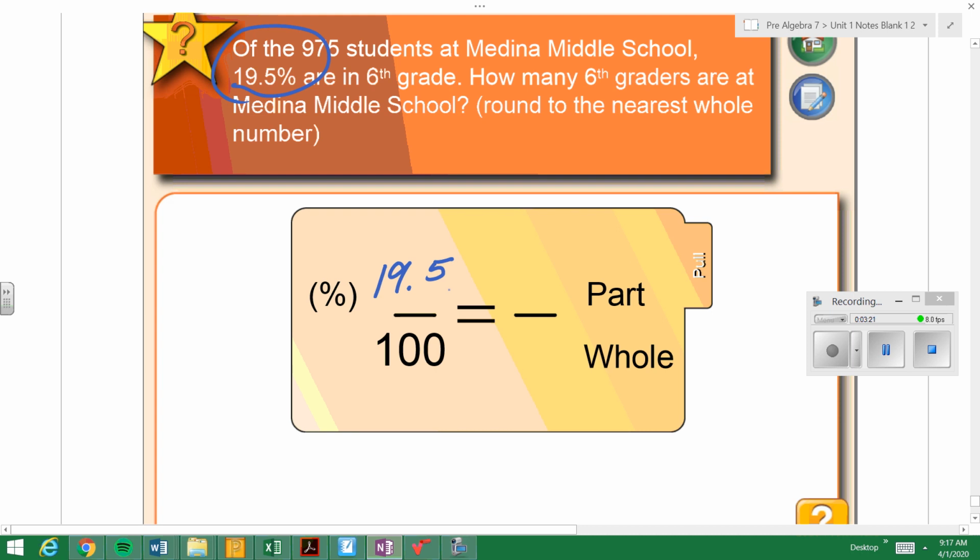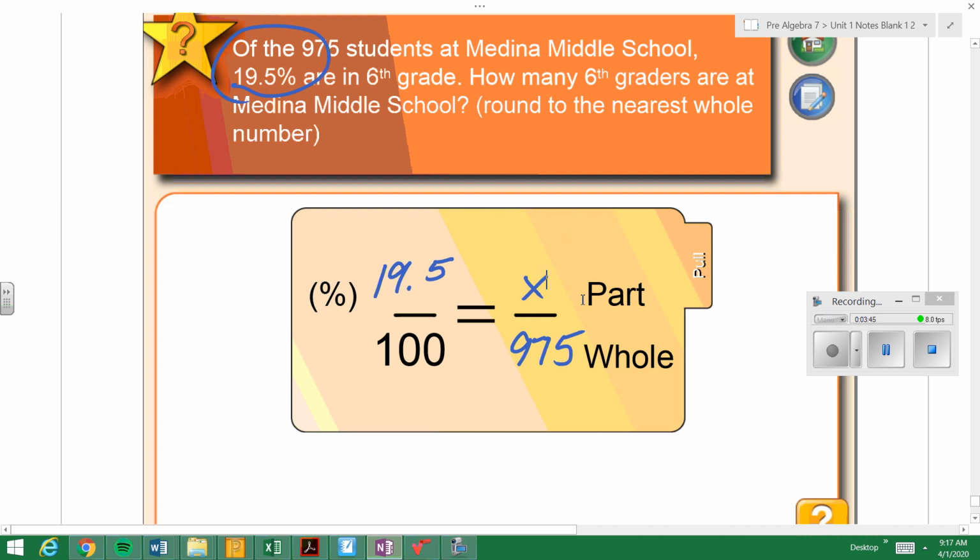And then we have to ask ourselves, okay, there are 975 students at Medina Middle School. Is that the part or is that the whole? Okay, and hopefully you're saying, that doesn't seem like the part, that is the total number in this case. And once again, we are finding the part.